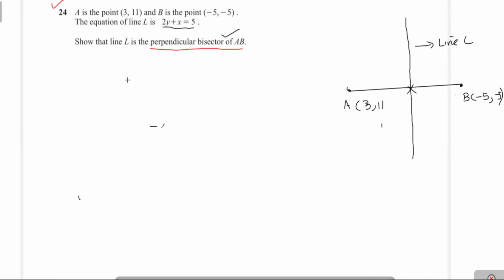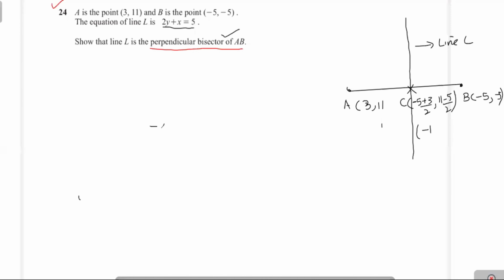To find the equation of the line, we have to find this point. This is the midpoint of AB, and that is (-5 plus 3) over 2, (11 minus 5) over 2, and this is the midpoint. -2 over 2 is -1, and (11 minus 5) over 2 is 6 over 2, which is 3.